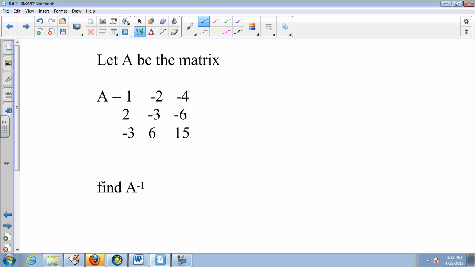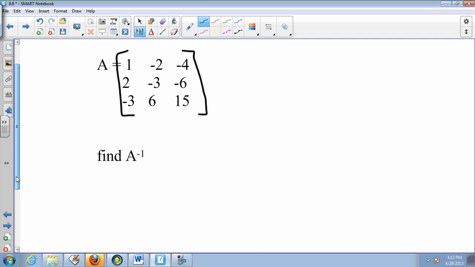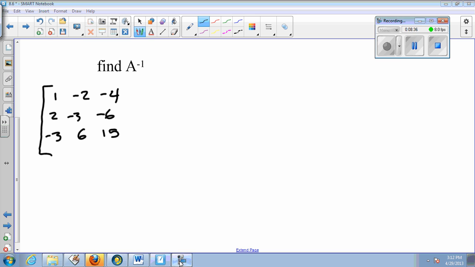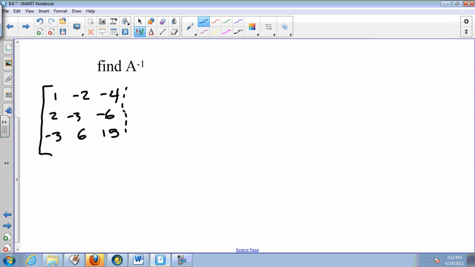So we have matrix A given, and we want to find A inverse. So we're going to set up our n by 2n, and on the right side goes our identity matrix.